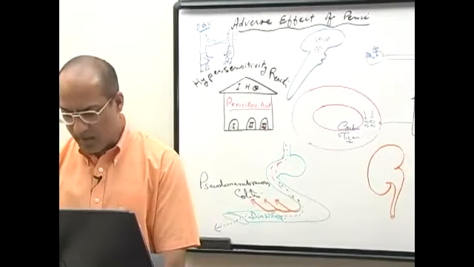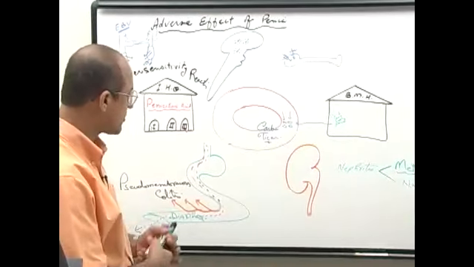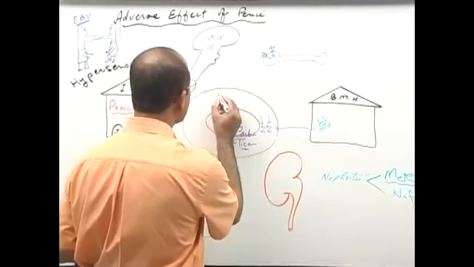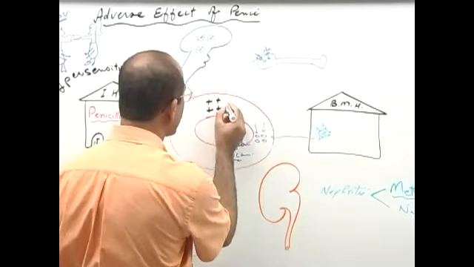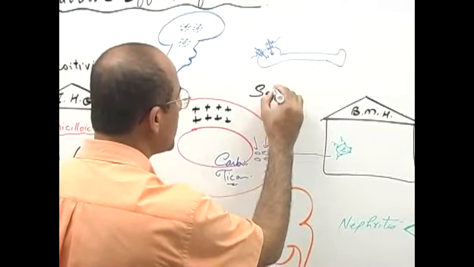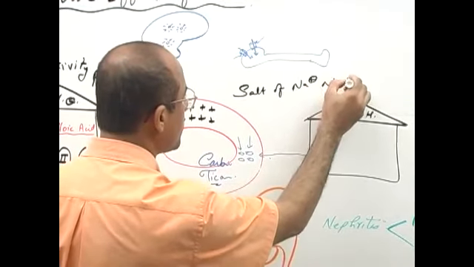Right? Then we come to cation toxicity, the last side effect. Most of the time, penicillins are given as a salt of sodium or potassium.